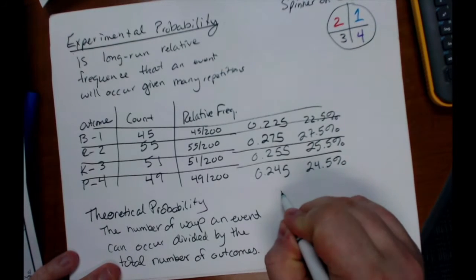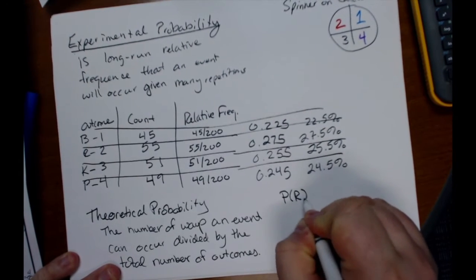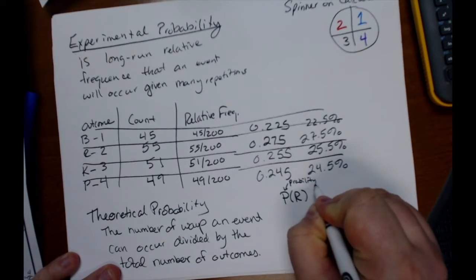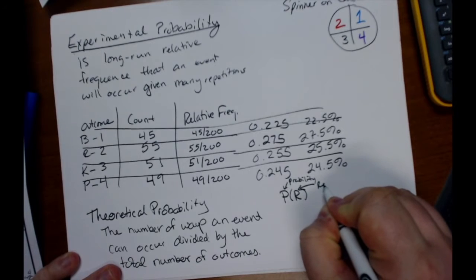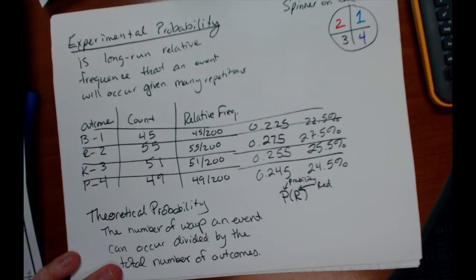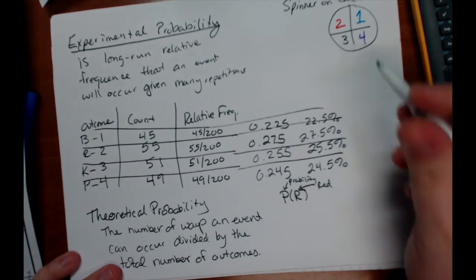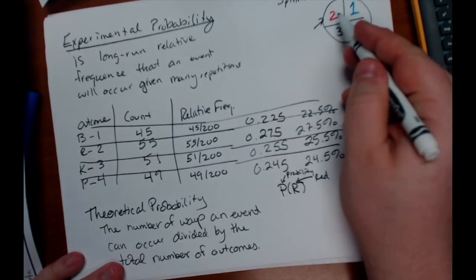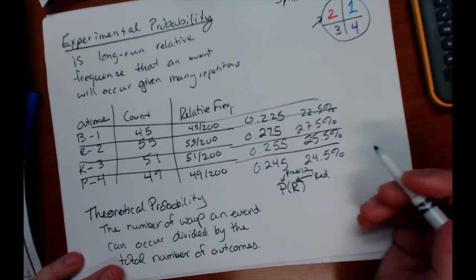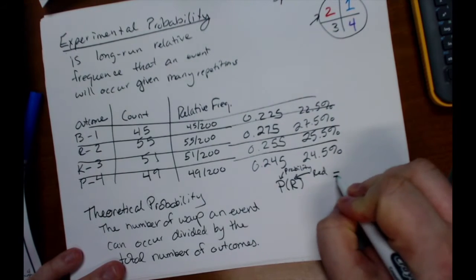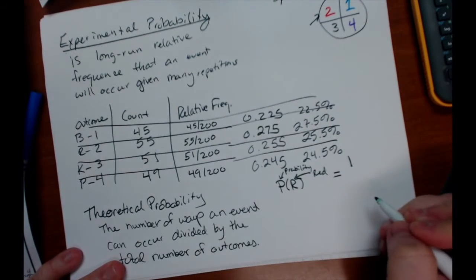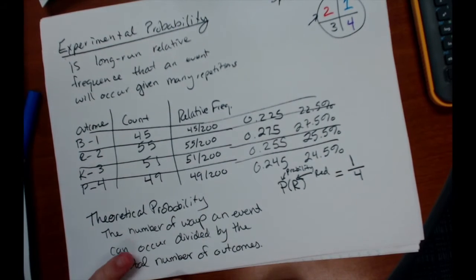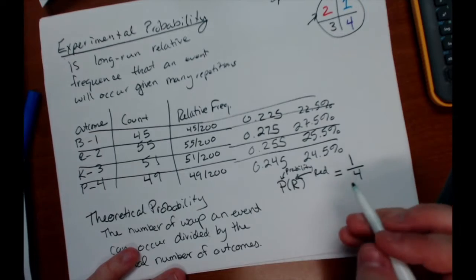You might be thinking, that's a relatively strange way of saying that. Well, if we say P of R, so this is the probability of it landing on red of our original spinner, or number 2 up here. Well, it can only land on red, right? Purple isn't also red, and none of the others are red. So the probability is one way it can land on red out of 4 possible outcomes.